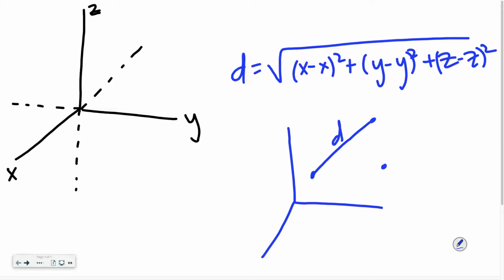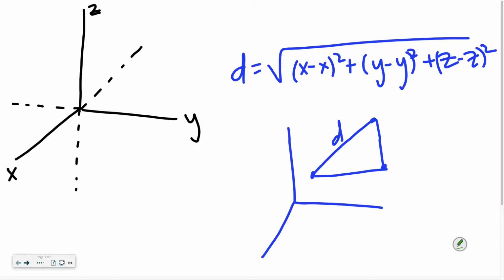Okay, if this is the distance, I can come up with a coordinate that lives in the same plane as the x and y coordinate here, and that is directly underneath the z, like it would have a different z value but the same xy. So this coordinate differs from this coordinate only by its z value.